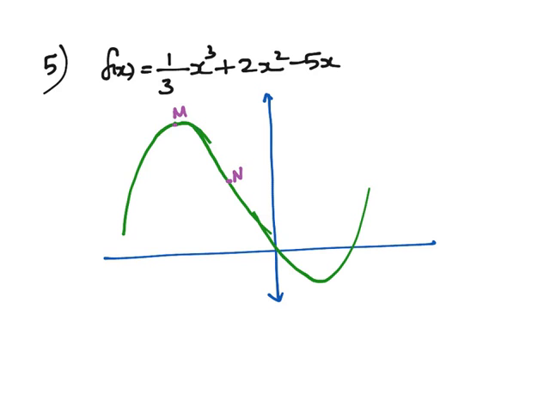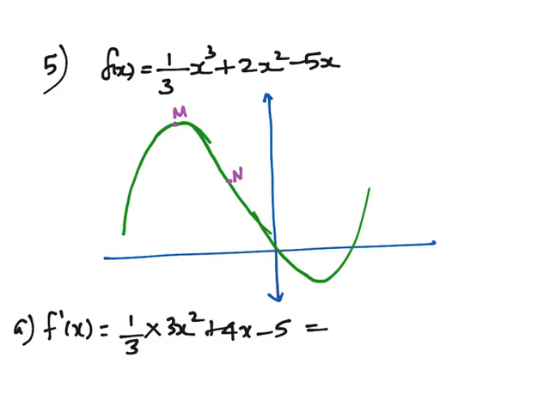The first question is find f dash of x. So f dash of x is very simple, 1 by 3 times 3x squared plus 4x minus 5, which is nothing but x squared plus 4x minus 5. Now the second question is find the x coordinate of m.